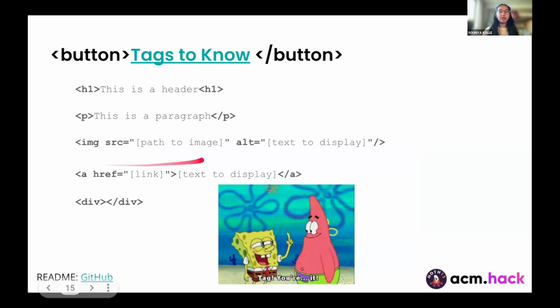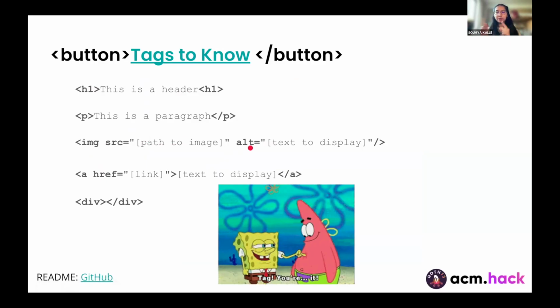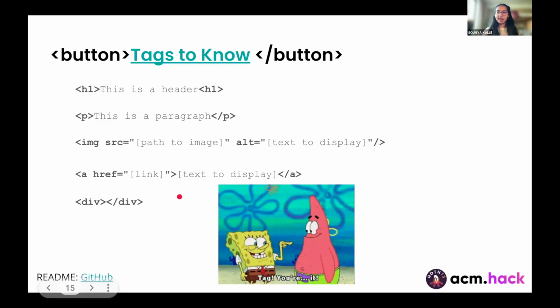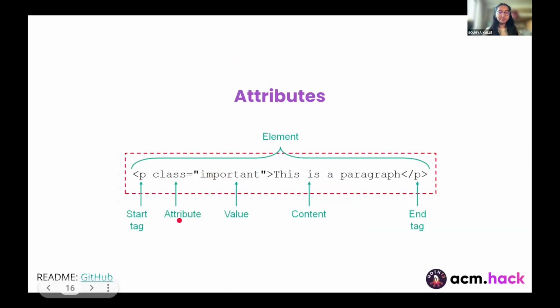You have image, where you put an image, and we'll get into source and alt later. Those are called attributes. And this A tag is going to be a link. This is also an attribute, your link to whatever site you want to link on your page. And then we have the divider tag, which again sections your code or your HTML.